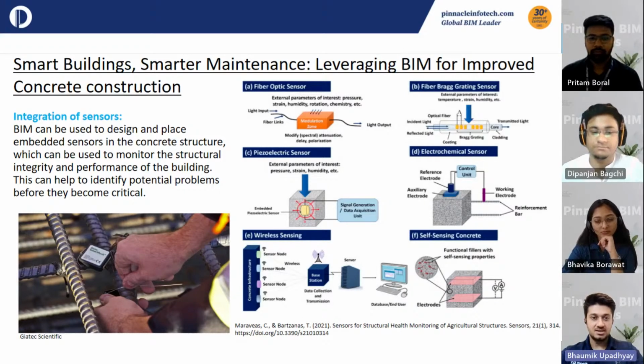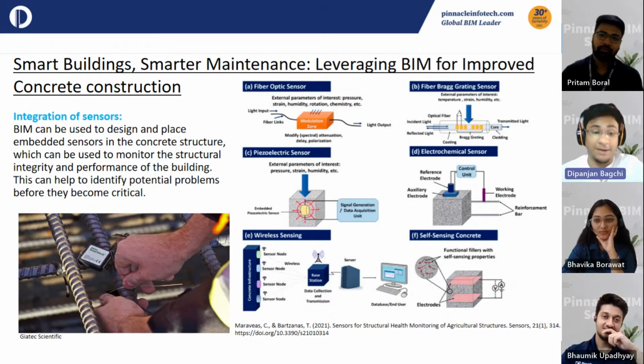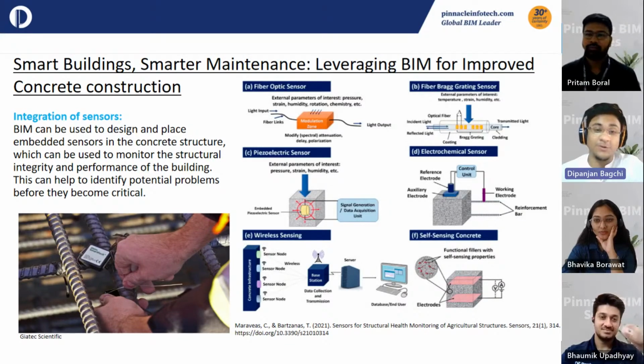I would like to ask, can you all think of how BIM can be advantageous in sensor integration? Anyone? Yeah. One of the major benefits that I know of, or I'm just thinking of, is the sensor placement. BIM can be used to determine the optimal placement of the concrete efficiency sensors in the structure.